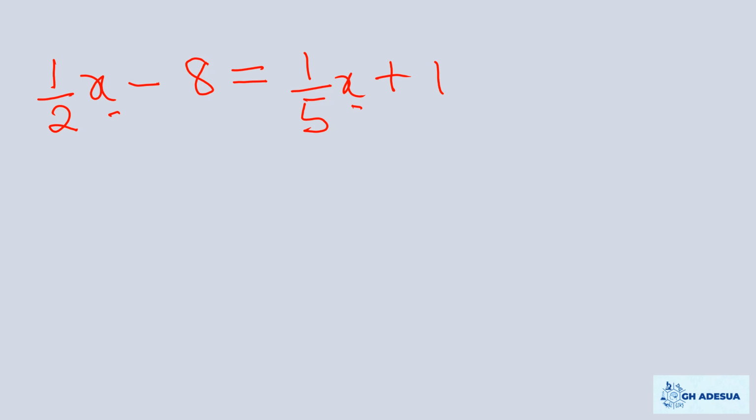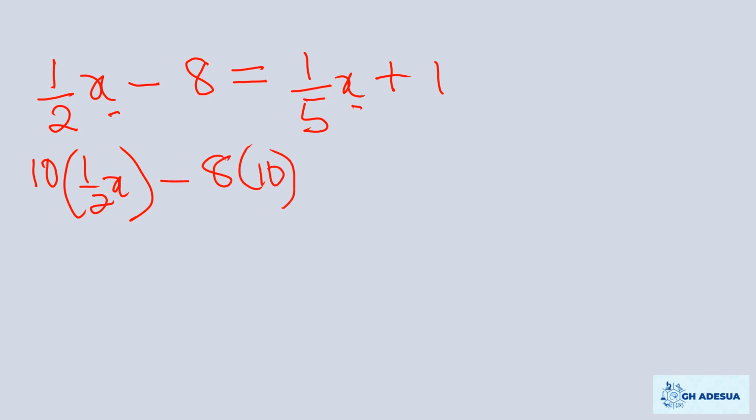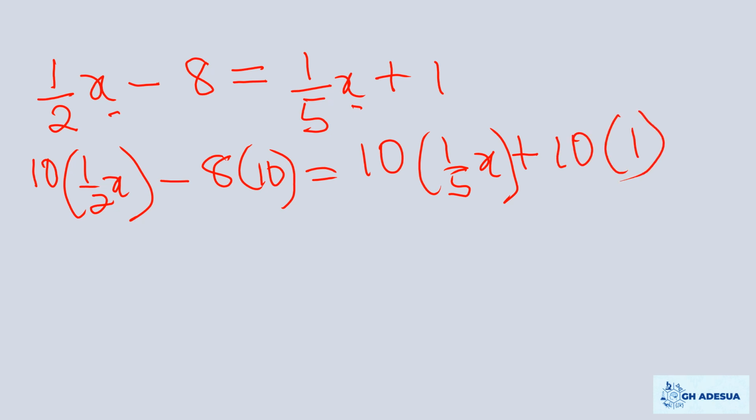And how do we go about that? We look out for the LCM and multiply through the equation by that. The LCM for this, that is for 2 and 5, is 10. So you multiply each of them by 10. So 10 into bracket 1 over 2 x minus 8, is equal to 10 into bracket 1 over 5 x, bracket close, plus 10 into bracket 1.